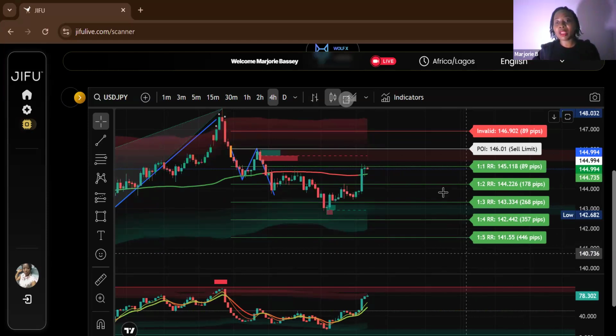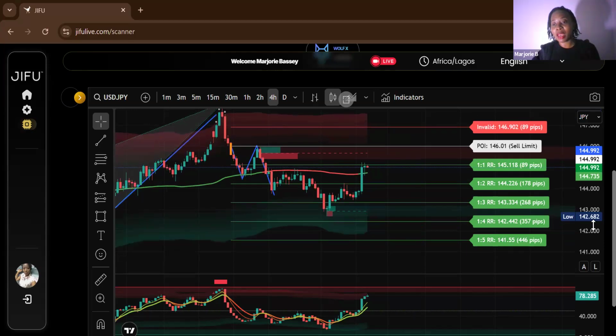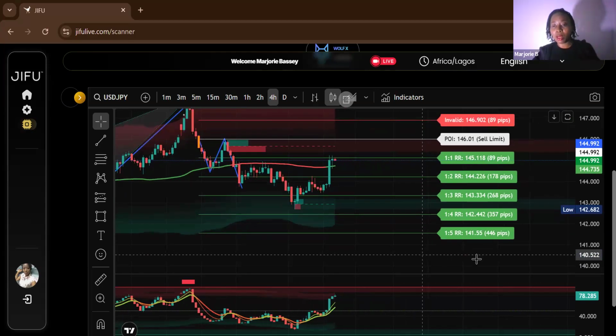And if you check this market from this point of entry, point of interest, when it moves down to the last TP point, 1 to 5 RR, the number you have here is 141.55.